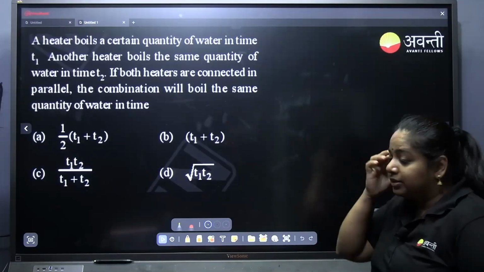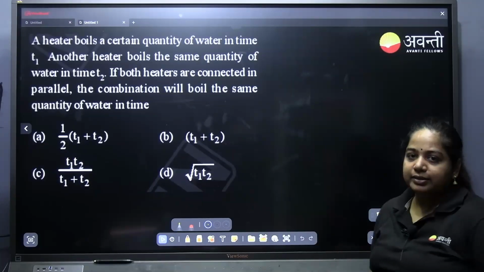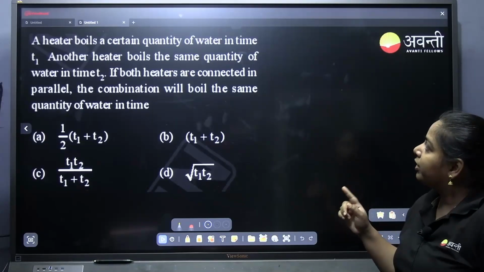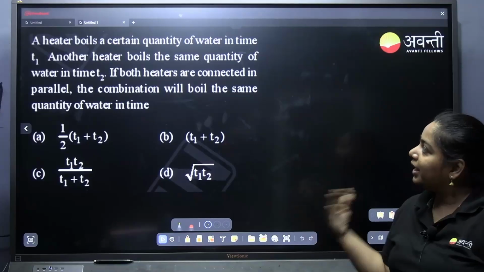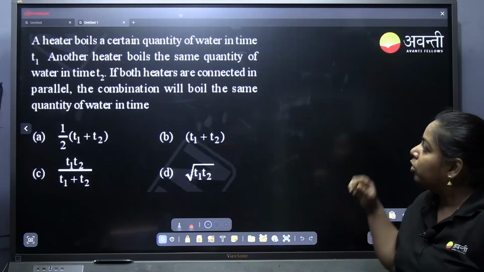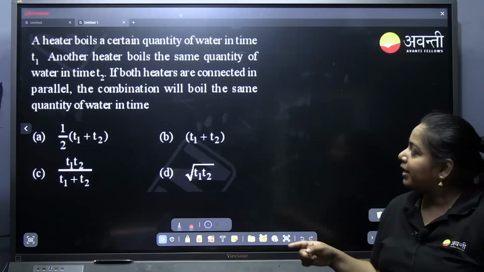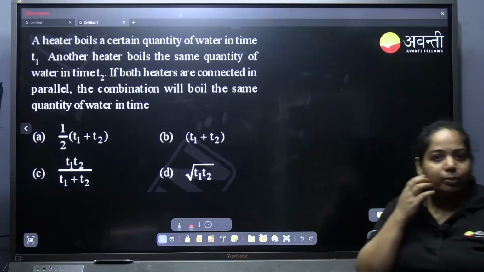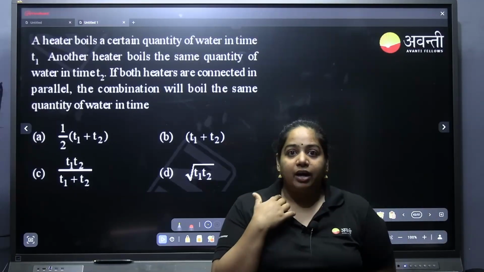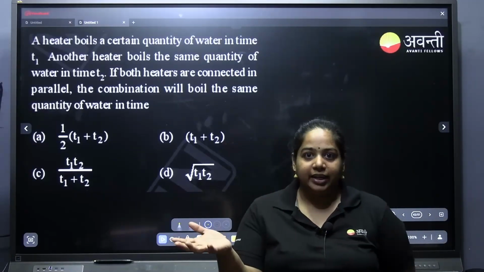Next one, this one might take some time to solve. A heater boils certain quantity of water in time t1. Another heater boils the same quantity of water in time t2. Both heaters are connected in parallel. Combination will take how much time? Here what we are saying is how much heat energy is required.